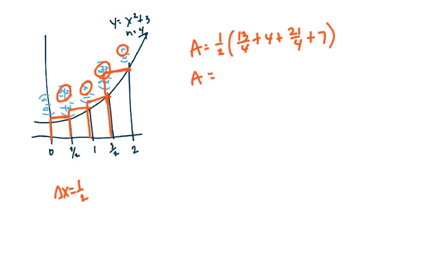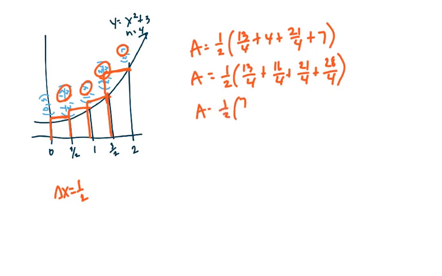So we have 1/2, common denominator of 4: 28, 21, 16, 13. So this is 1/2 of 78 over 4, which is 39 over 4.